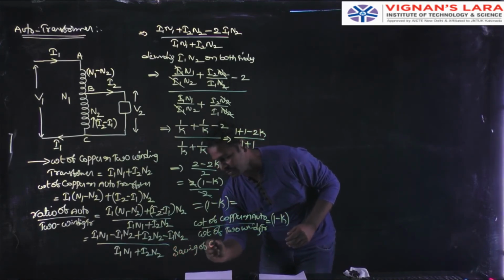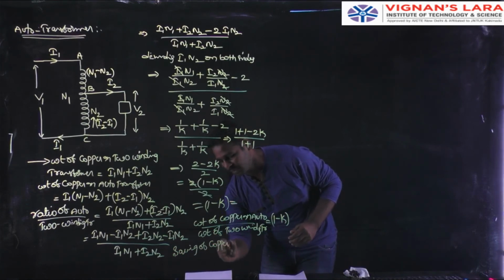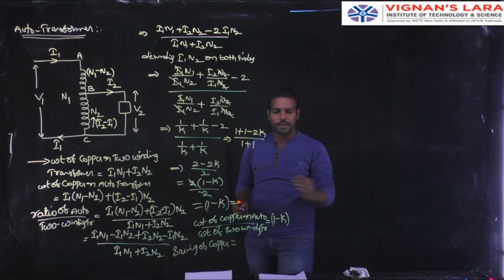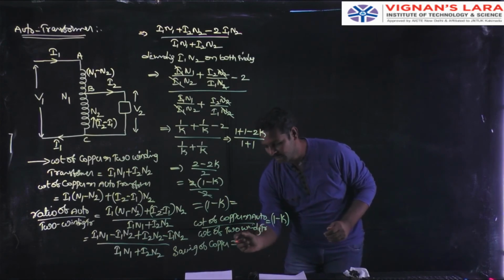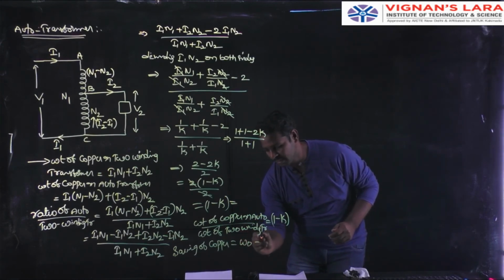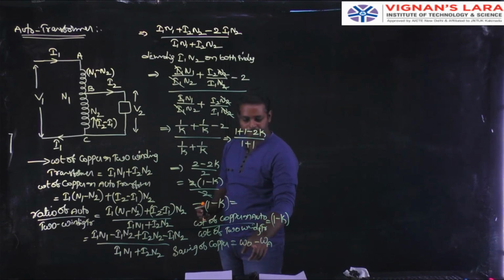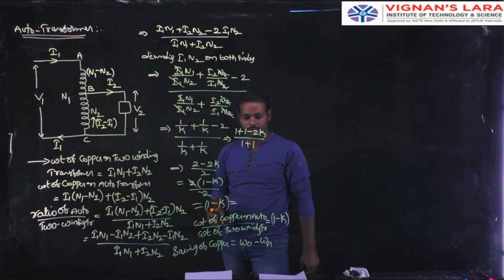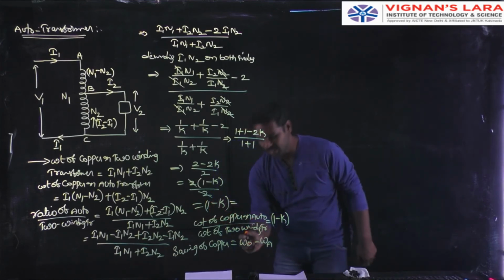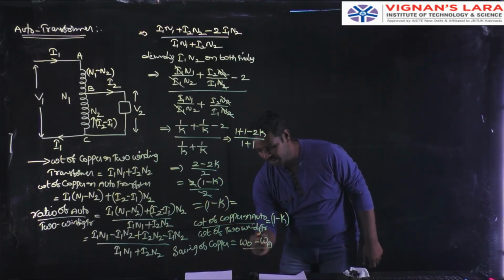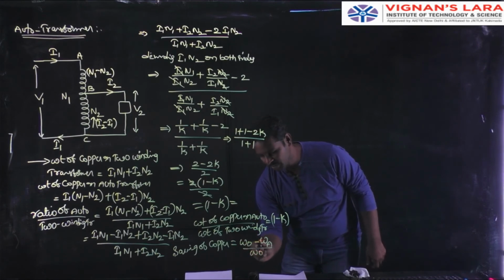Saving of copper is equal to the difference, so that means W naught minus WA. So weight of ordinary transformer minus weight of auto transformer, divided by W naught.